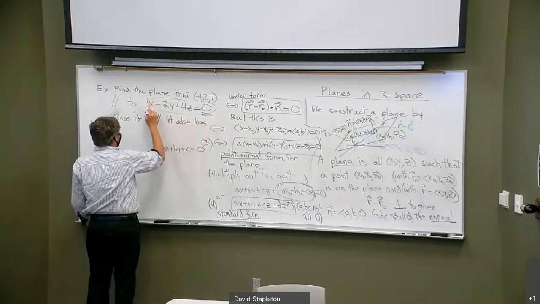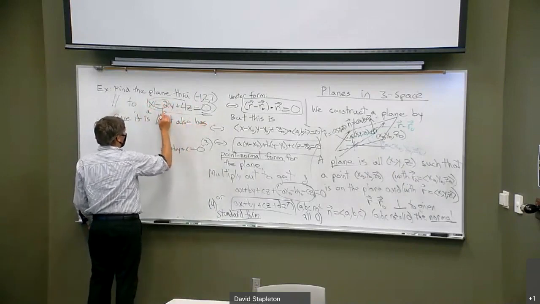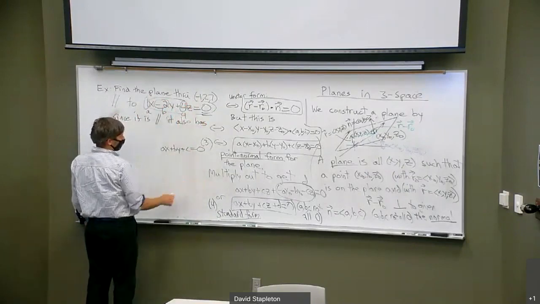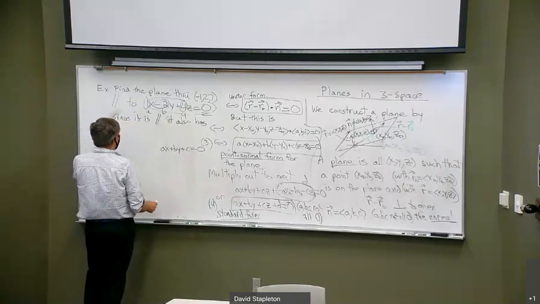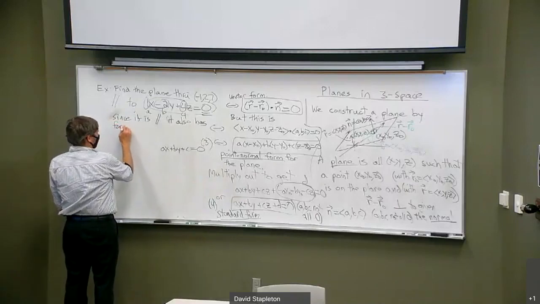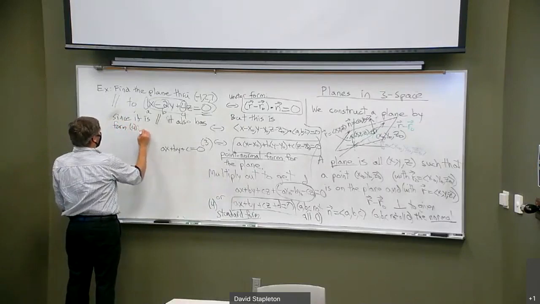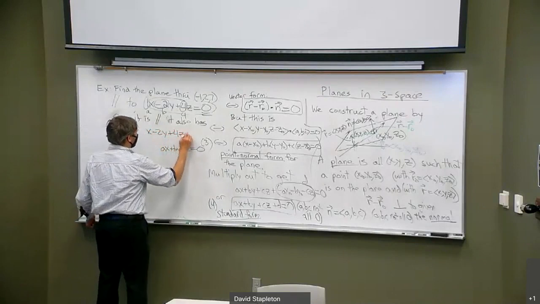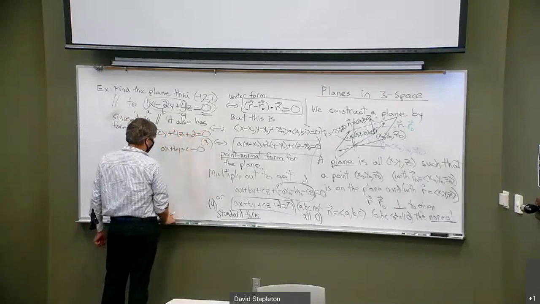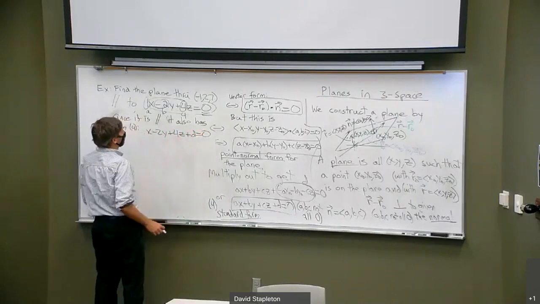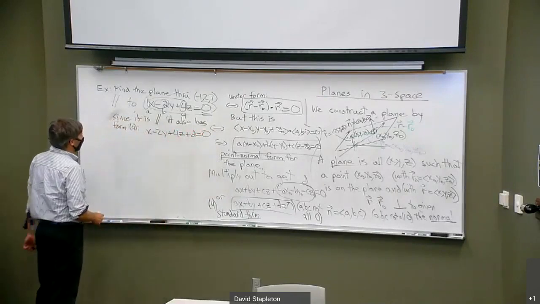A is 1, B is -2, C is 4. It also has the form x minus 2y plus 4z plus d equals 0. Every plane has this form, and we know it has the same A, B, C, the same normal vector, since it's parallel. So this is the plane.